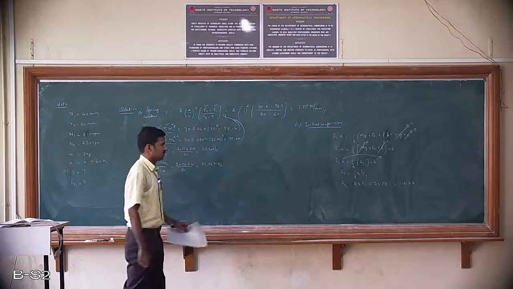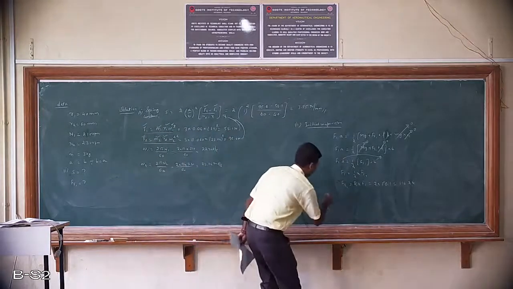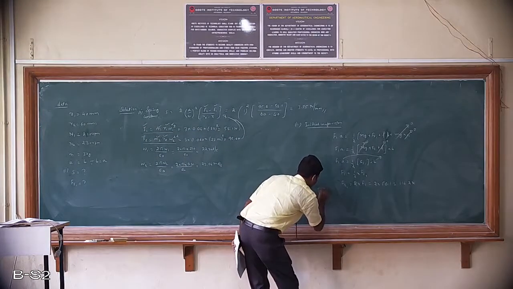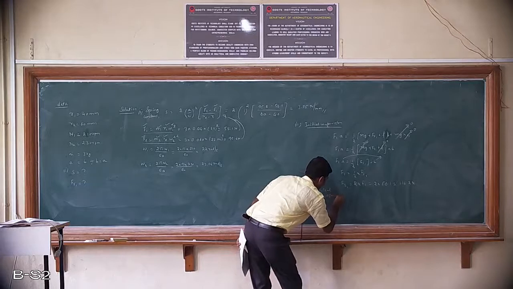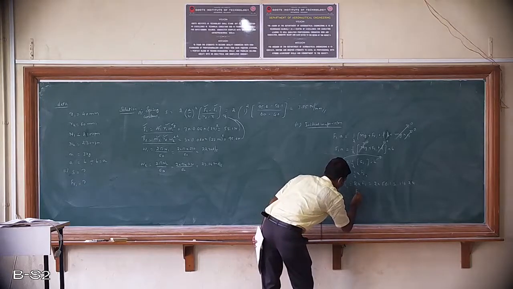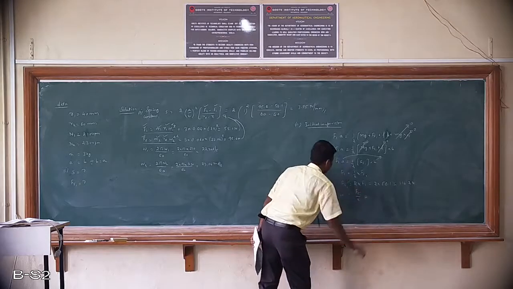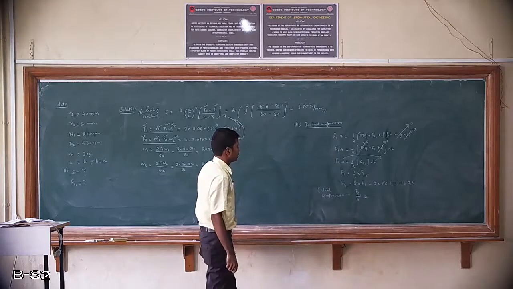116.2 Newton. So therefore, now I can find out the initial compression, which is equal to Fs1 divided by S. That is the equation to find out the initial compression.